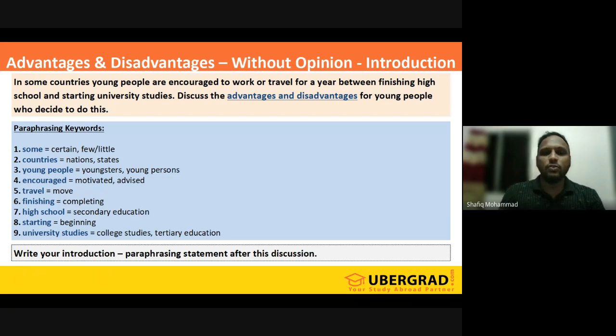The first statement in the introduction would be the paraphrasing, so I want you to construct that one first. Let's see how many of you will type. Then we'll go to the thesis statement, then the outline of the essay. I'll give you 3 minutes, that's more than enough, right? I want you to type this in your chat box. Your time starts now.